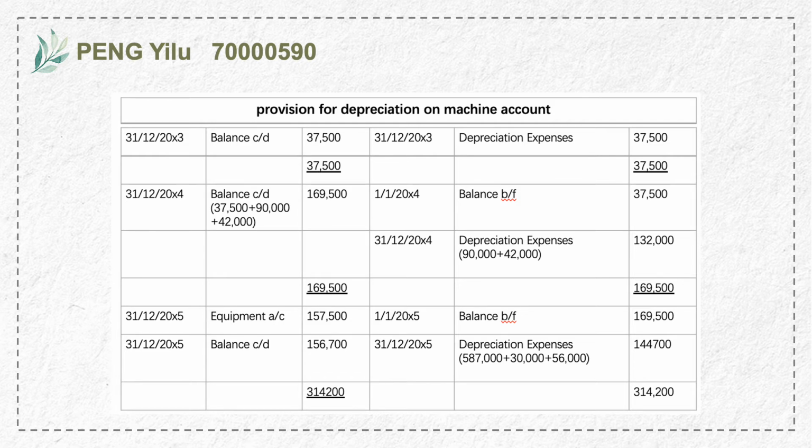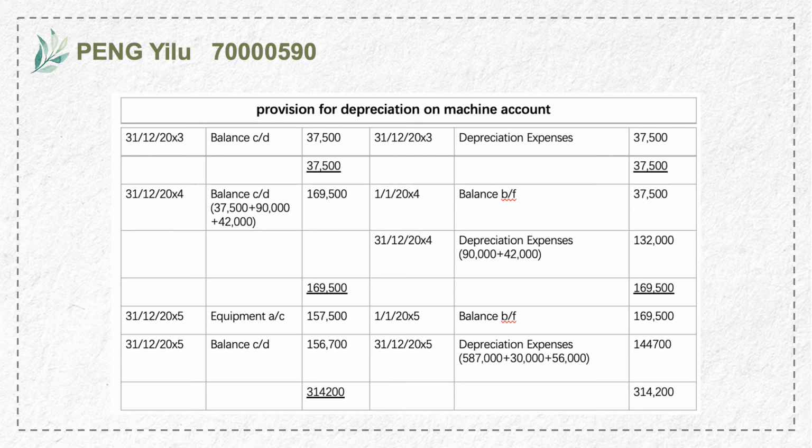On 1st January 2000 X5, we need to write down the 169,500 to balance brought forward. And on 31st December, we need to write down depreciation expenses of 144,700.